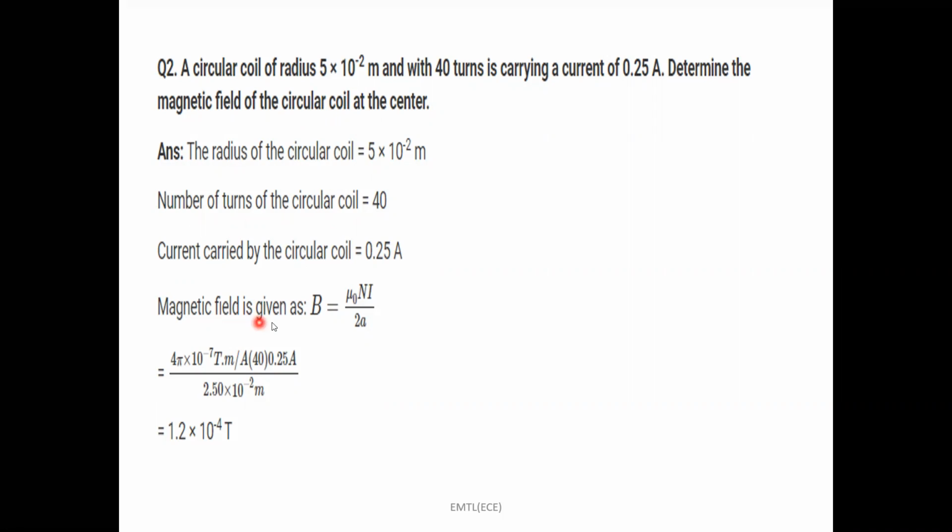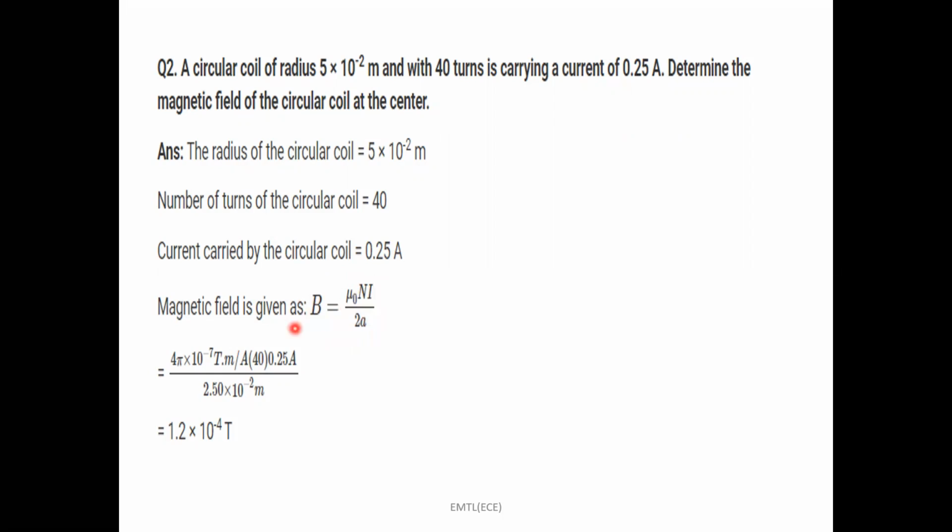The magnetic field is given by B is equal to mu naught Ni by 2A. This is the expression we have discussed in applications of Biot-Savart's law: the magnetic field intensity of a circular coil is B is equal to mu naught Ni by 2A.